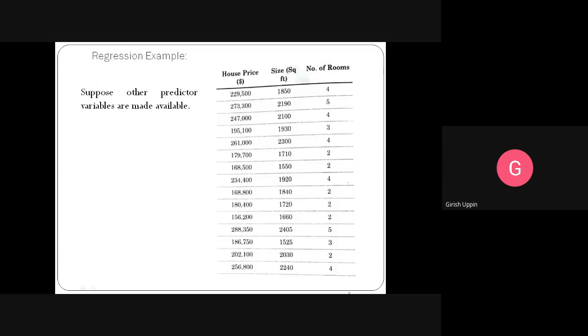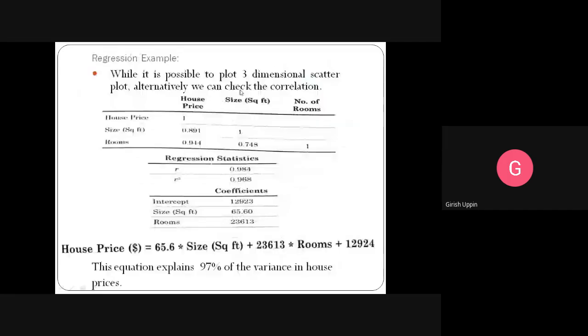Here in this example, we have added one more predictor variable, or independent variable, the number of rooms, and now based on the size of the house and the number of rooms, we are going to predict the house price. And if you perform the analysis, now it is going to be three-dimensional, right?